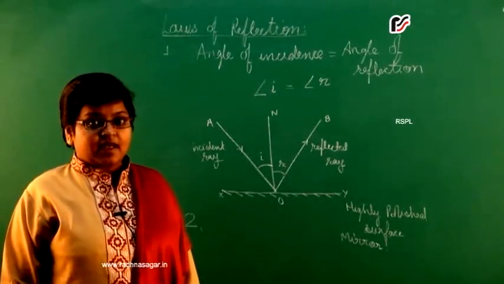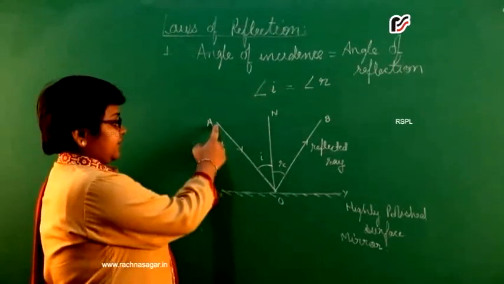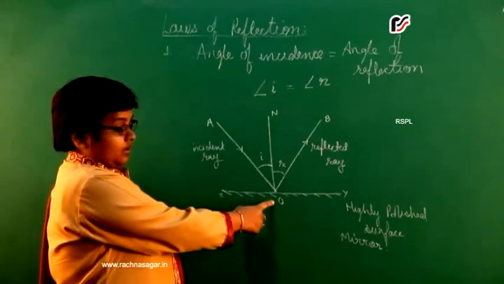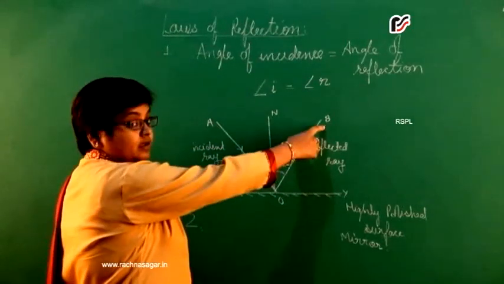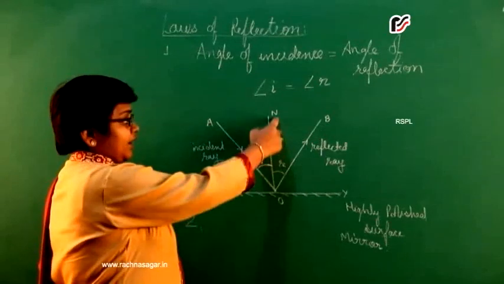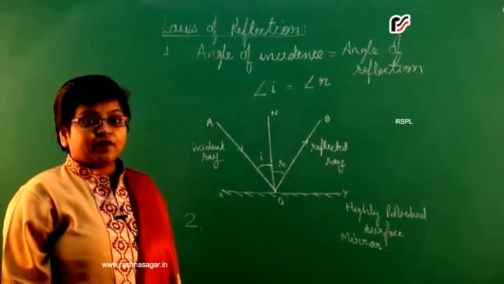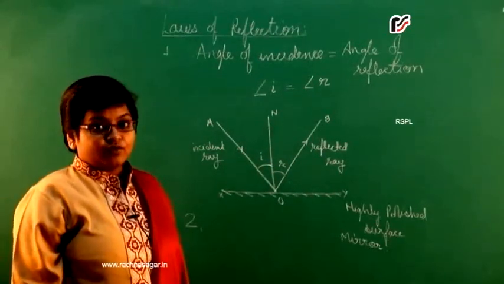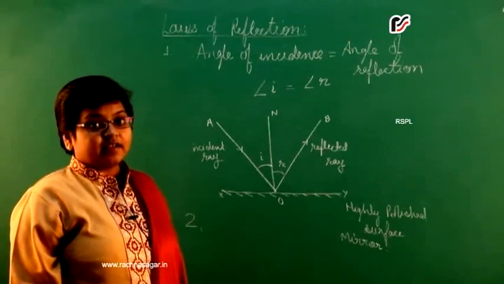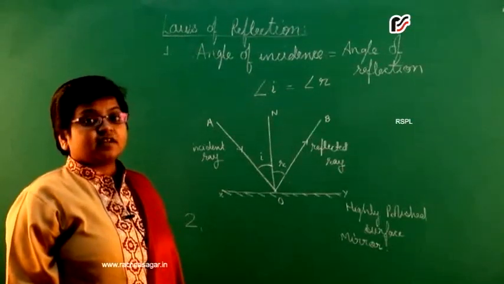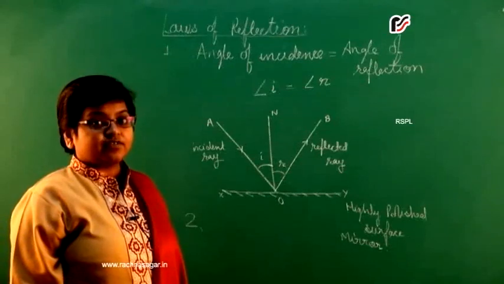As you observe in the diagram, the incident ray AO, reflected ray OB and the normal ON all lie in the plane of the green board. So we can say that they all lie in the same plane. These are the two laws of reflection.